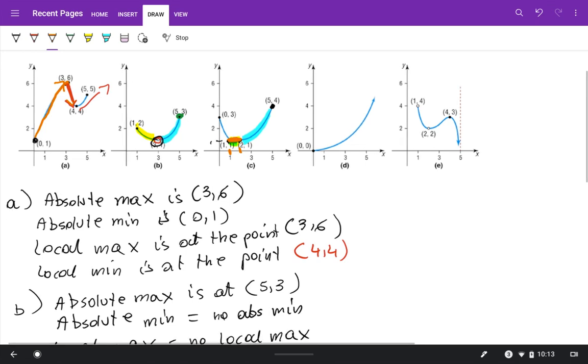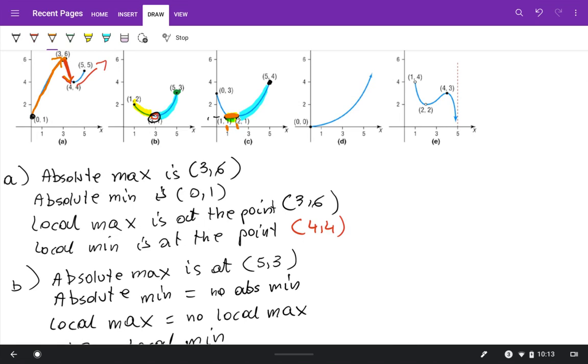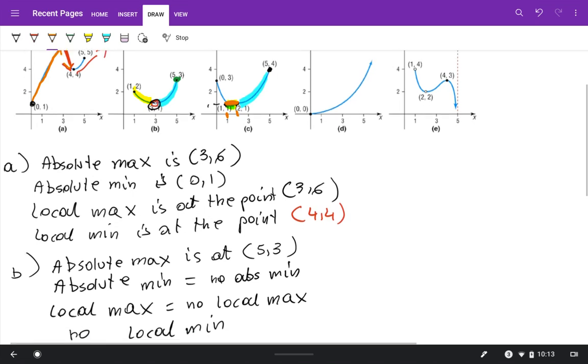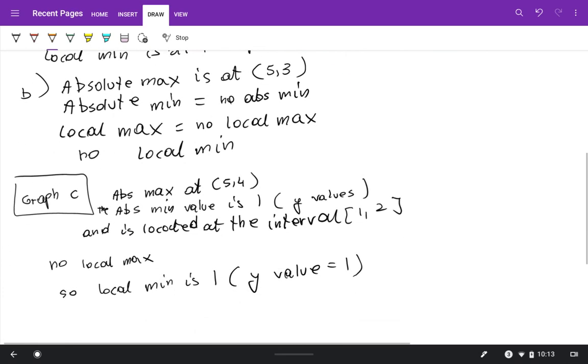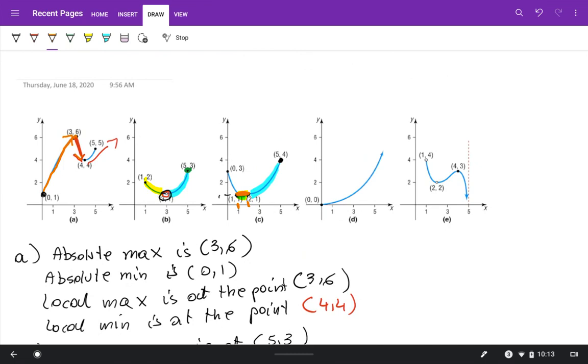So the local minimum is at the interval from 1 to 2, for all x values from the interval 1, 2. So again, the local minimum is 1, and the absolute minimum is 1, and it works for all the x's from the interval from 1 to 2.